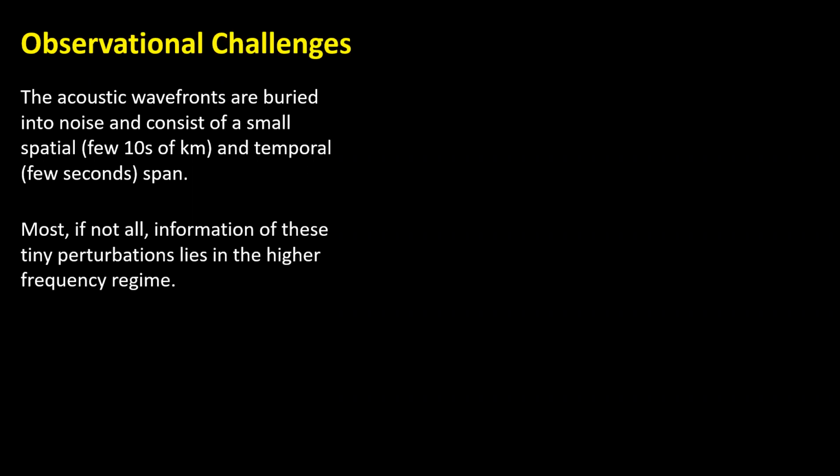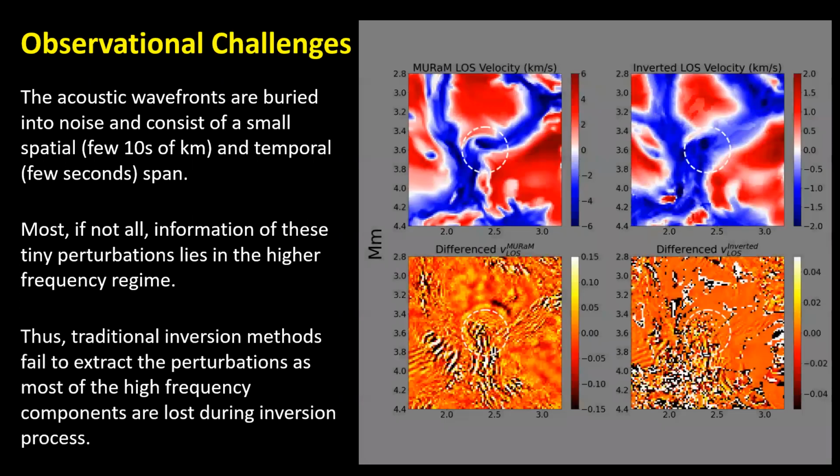Okay. Now, if we try to do this in the traditional way, that means first we have a spectrum and then we invert it, then we see that all of these high frequency components get lost. So you can't do it using inversion. What you have to do is do it directly on the spectrum itself. So we have tried to find a way to get it directly in the spectrum.